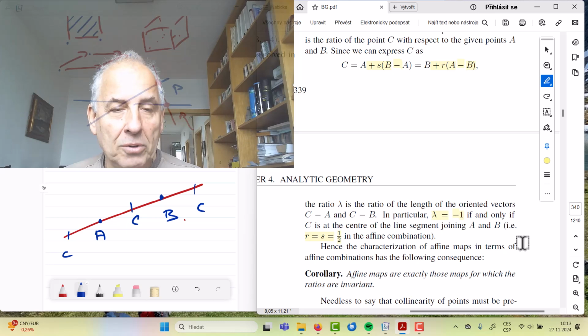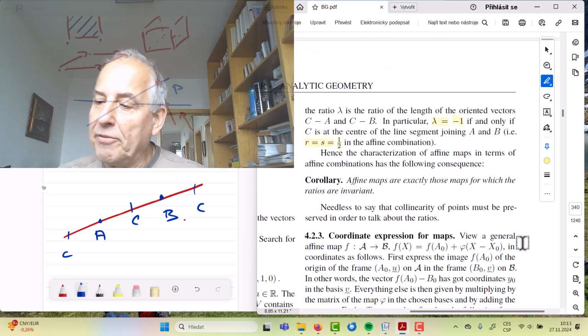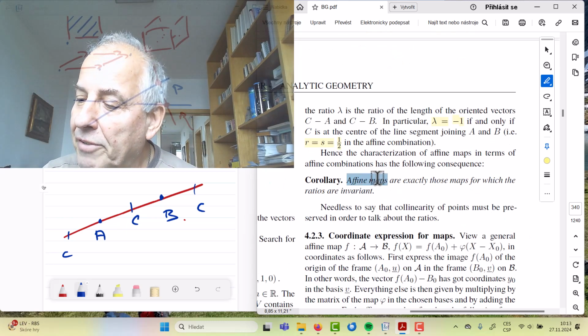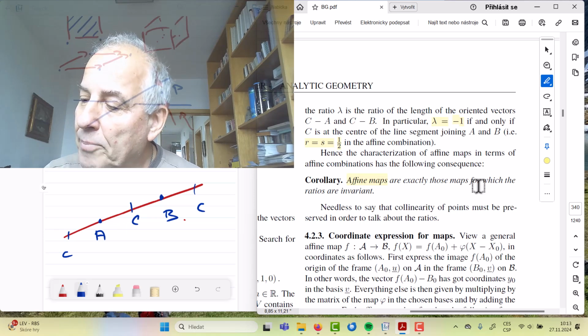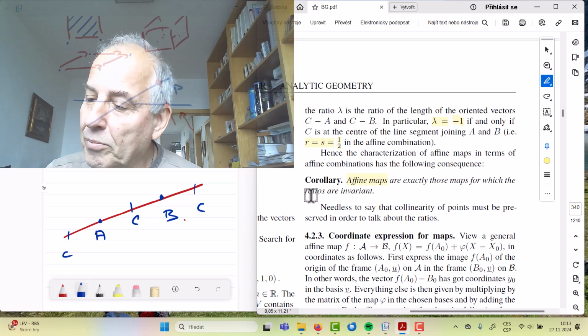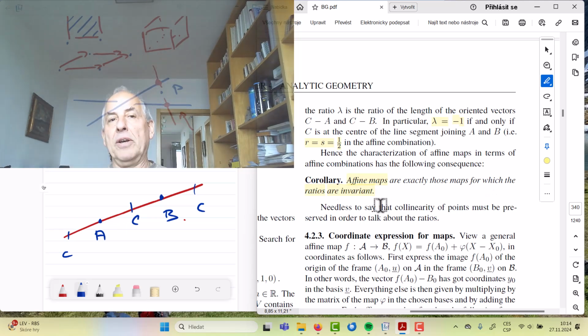And now, of course, by the very definition, we can say that the affine maps are exactly those which respect the ratios. So that's a bit of a confusing claim, right?